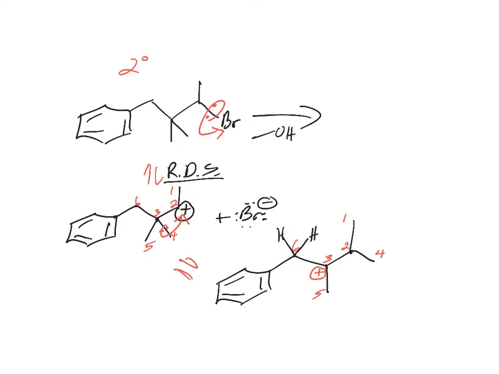A tertiary carbocation has 9 hyperconjugation buddies. That's why it becomes more stable than a secondary. More hyperconjugation makes you more stable. But pi bond resonance is better than hyperconjugation. So what's going to happen? This H is going to shift and rearrange. You're going to break that carbon-hydrogen bond and make a new carbon-hydrogen bond and make a new carbocation.